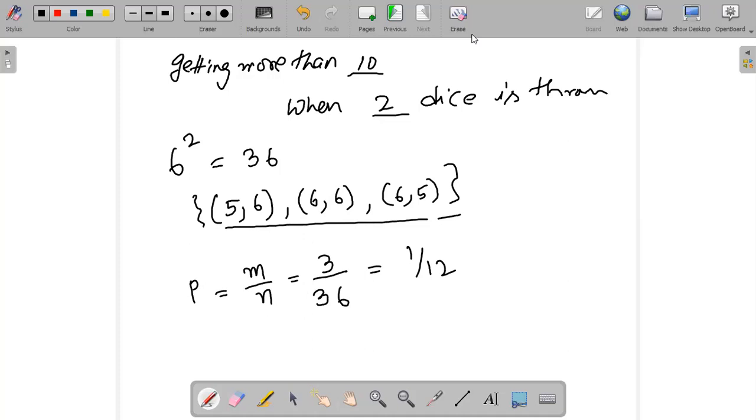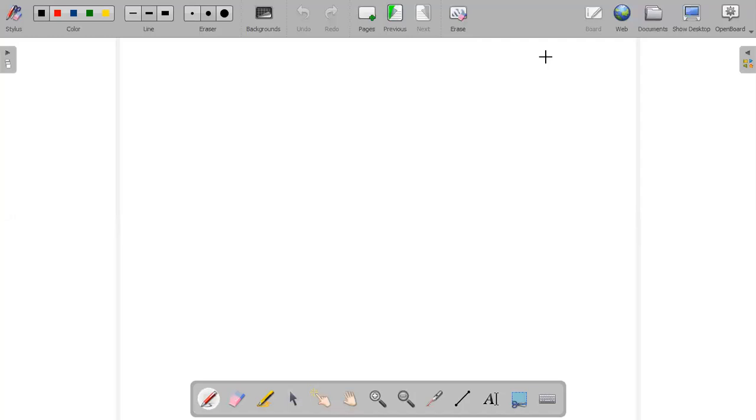Fine. I have a box which consists of 3 white, 5 black, and 6 red balls.